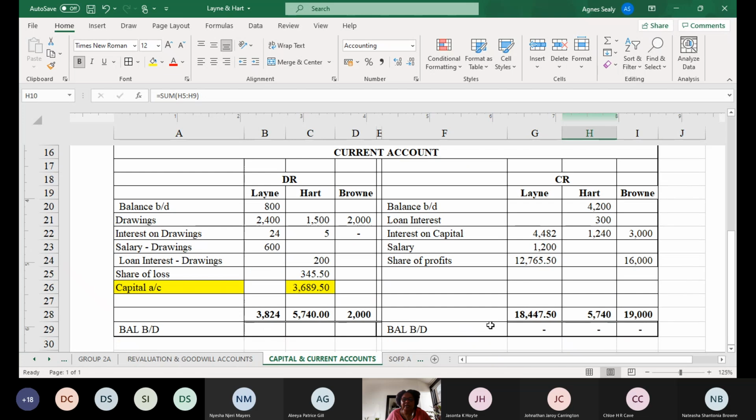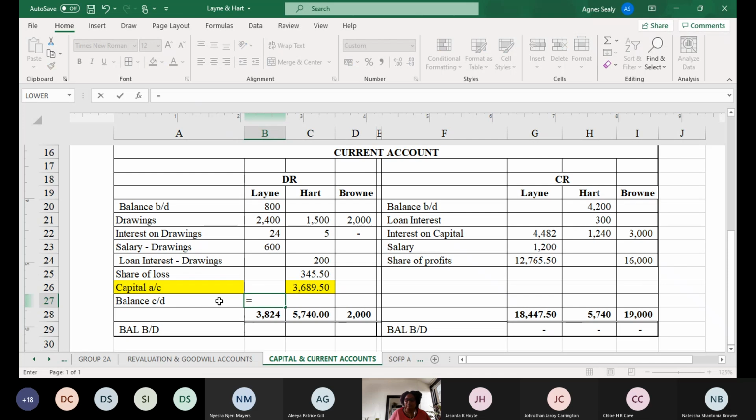And then when you look at Brown and Layne, the debit side is 18,447. So these will have balances on their account. So you will have a balance carried down for both Layne and Brown because they're still in the partnership. So that would be 18,447.50 minus 3824.